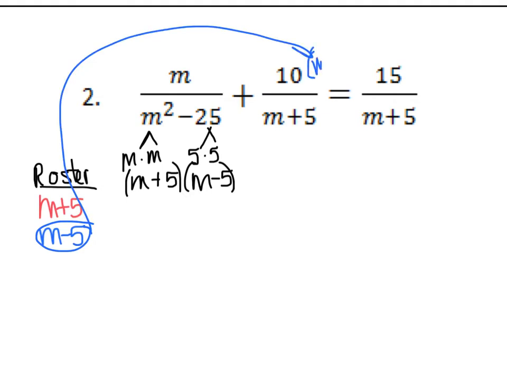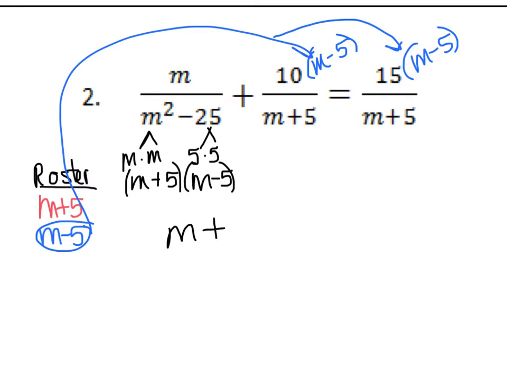So that's what we have to multiply the numerator by. The third fraction has an m plus 5, so he also needs an m minus 5. My first numerator, we don't have anything to multiply it by, so it's going to stay m.